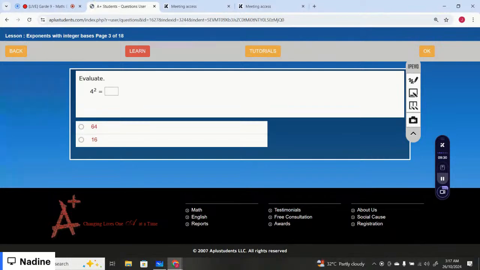Okay, evaluate 4 square. So which is the correct option? You have to do 4 times 4. So the correct option is 16.